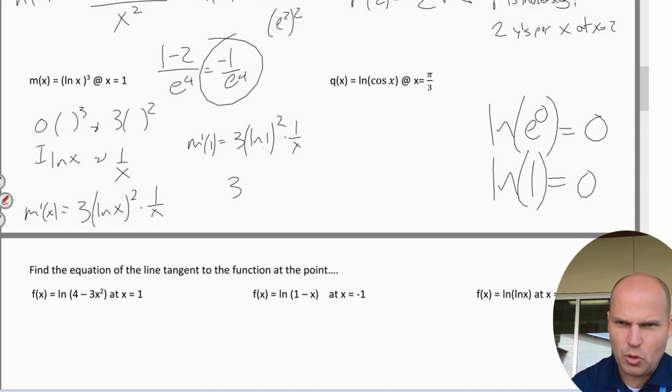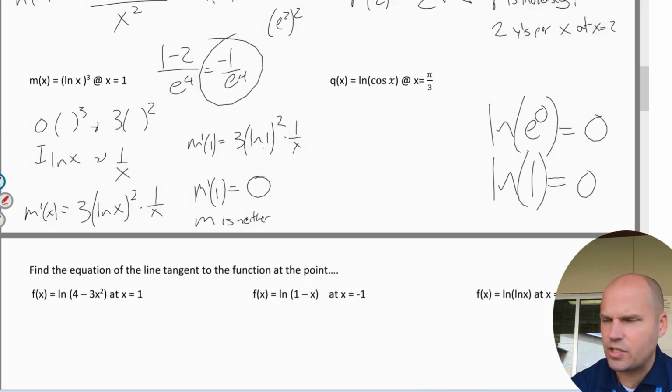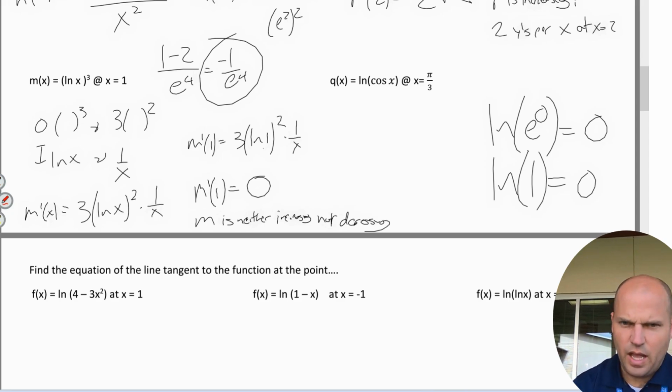So this slope is 0, and you would say that the function is constant or it's flattened out. M is neither increasing nor decreasing. M is constant.